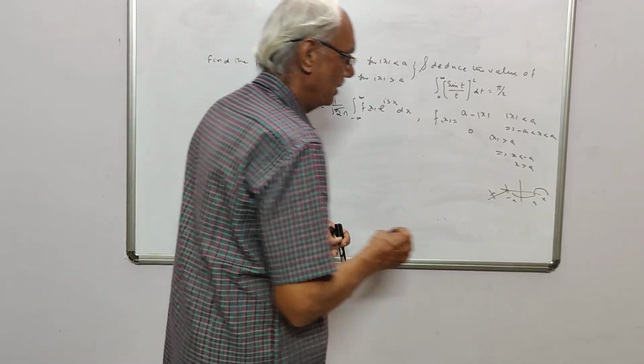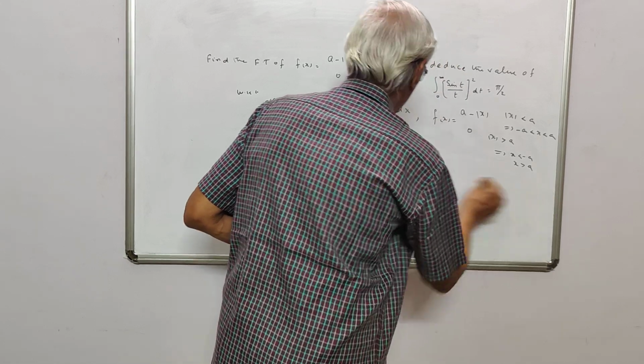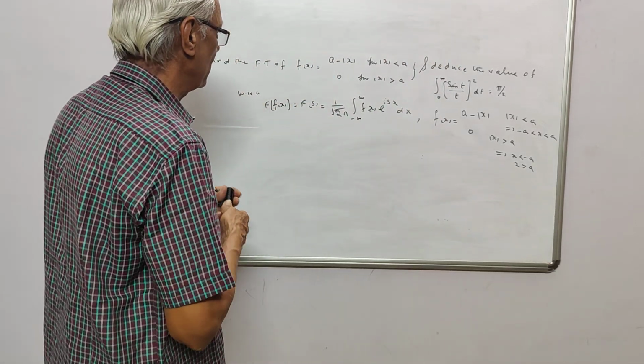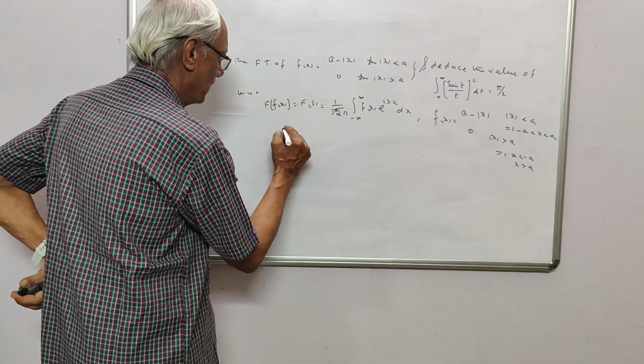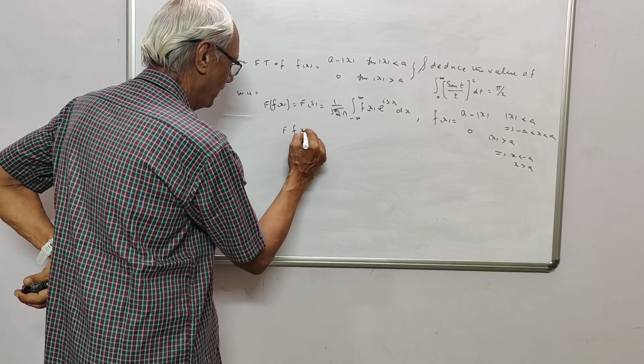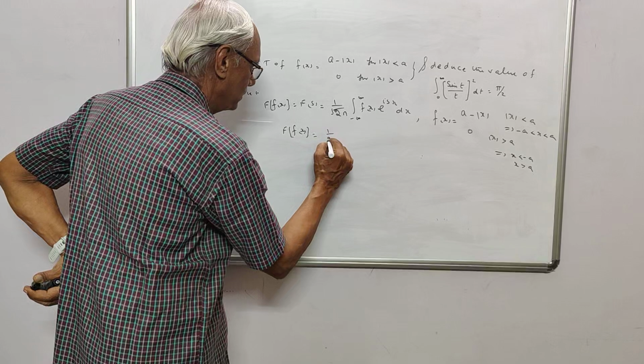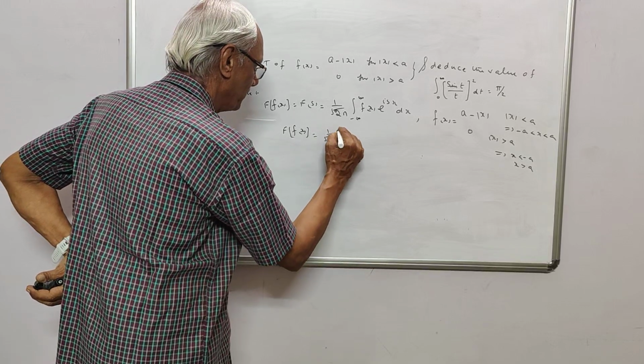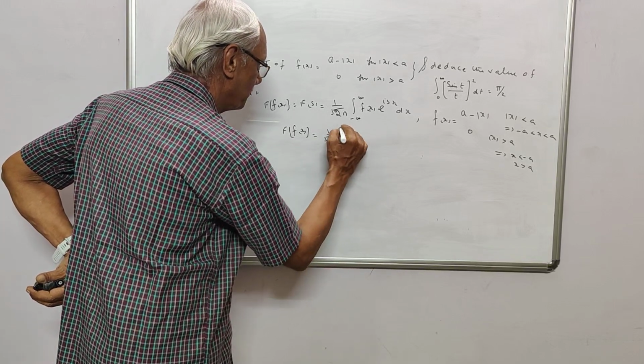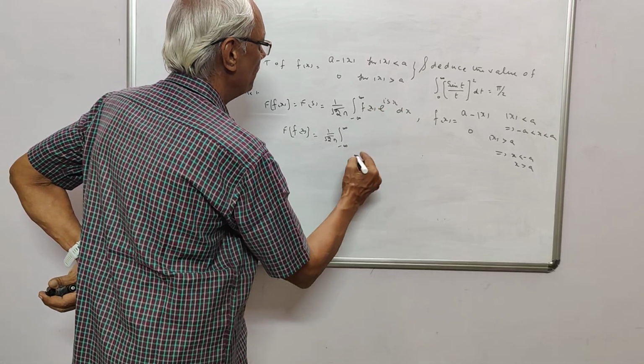Okay, now let me come to this. So with this idea, what will you write here? f of x is equal to 1 by square root of 2 pi, minus infinity to plus infinity. What is your f of x?